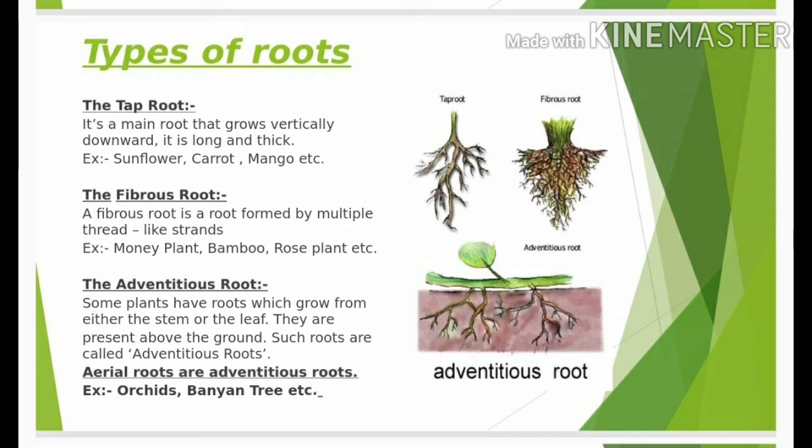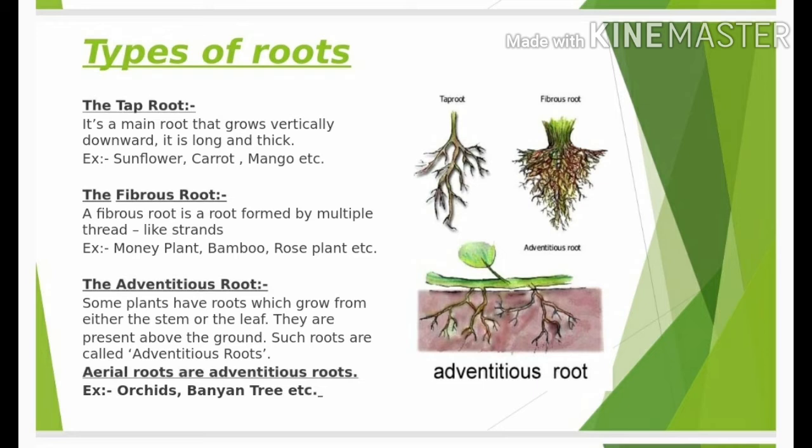For example, sunflower, carrot, mango are the taproots. The fibrous root. A fibrous root is a root formed by multiple thread-like strands. Examples of fibrous roots are money plant, bamboo, rose plant, banyan tree, etc.